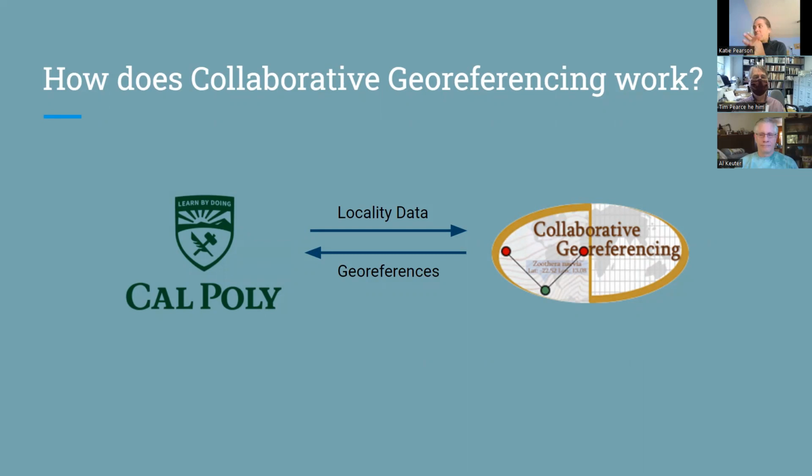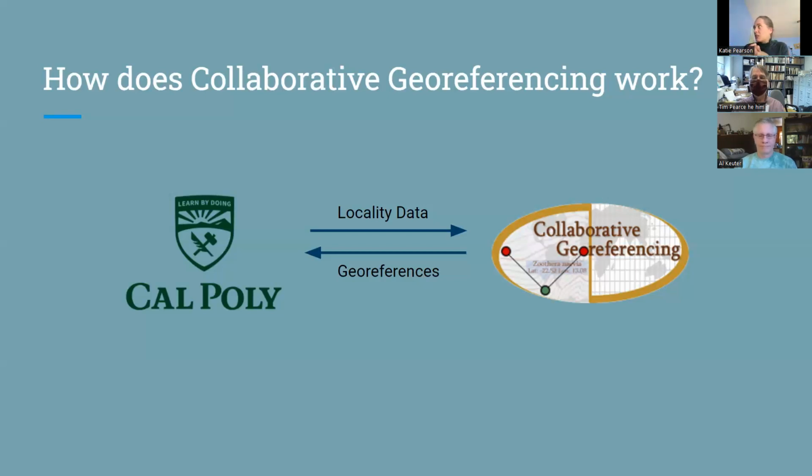Collaborative georeferencing is a way of sending data to a third-party platform and georeferencing them there, and then the data can go back into the Symbiota portal or really any other type of data provider. The third-party platform does not need data from a Symbiota portal specifically. It can take data from a CSV file as long as it's formatted correctly.